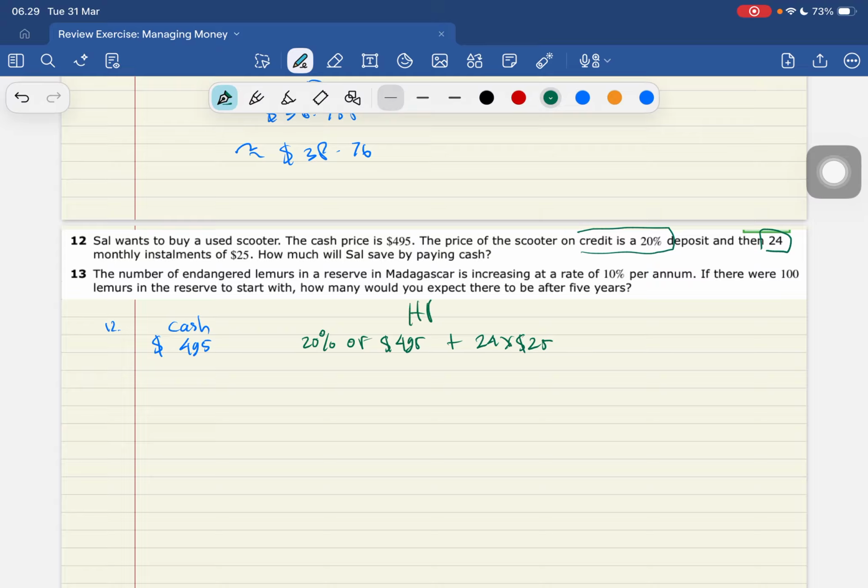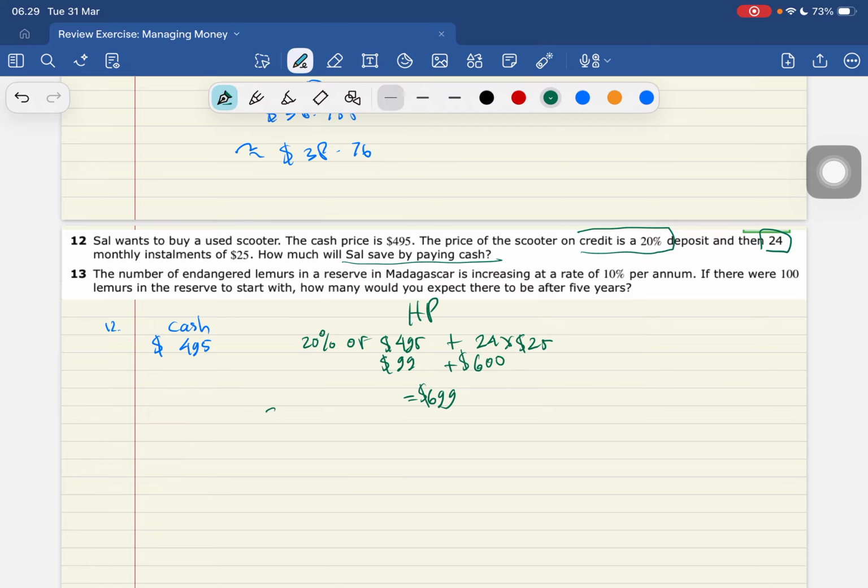This is the higher price. So 20% of 495 is $99. And then 24 times 25 is $600. So the total is $699. So how much will be saved by paying cash?